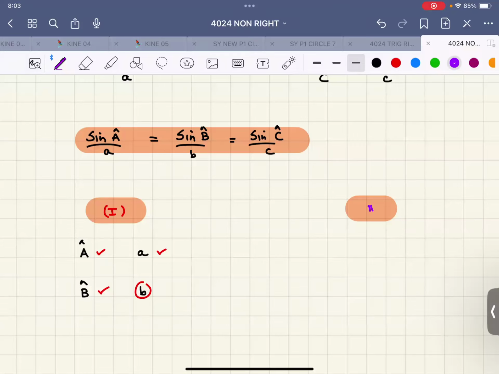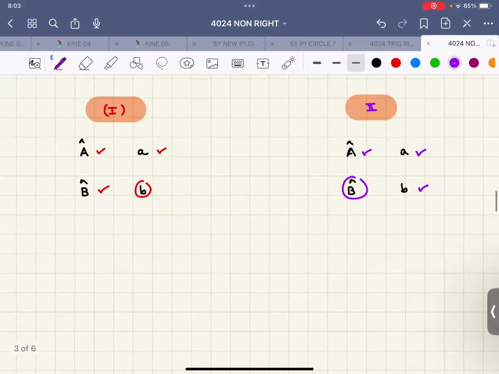Similarly, I have the other option, that is angle A, side a, angle B, side b. What is given? This is given, this is given, this is given, this is unknown. We can work it out. That means, let me write it down. Two sides are given and two angles over here.